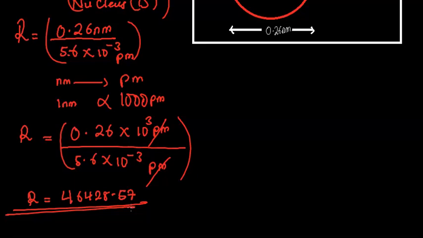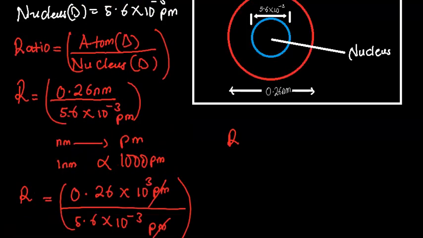But you can choose to put it differently. What is the ratio of the atom? The diameter of the atom is 0.26 nanometer, and we are asked to convert it into picometer.